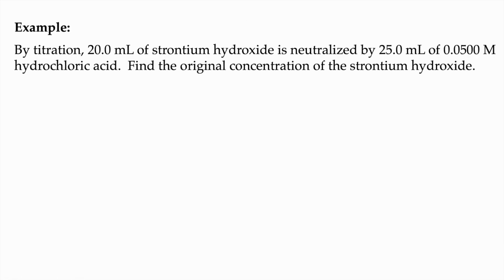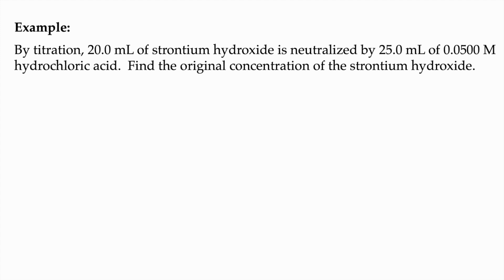Let's look at an example of a titration calculation. So this question says, by titration, 20 milliliters of strontium hydroxide is neutralized by 25 milliliters of 0.05 molar hydrochloric acid. Find the original concentration of the strontium hydroxide.